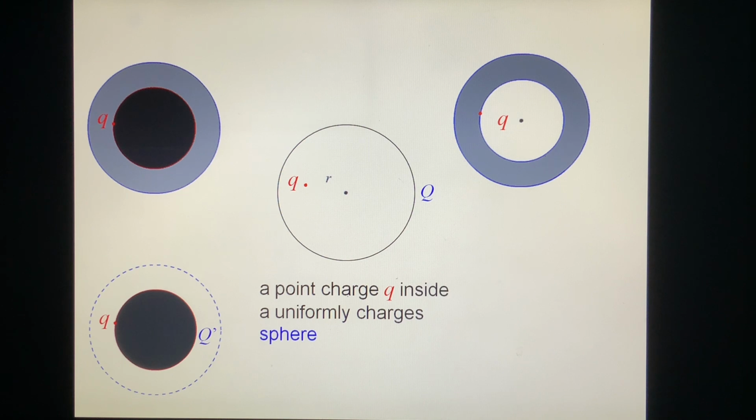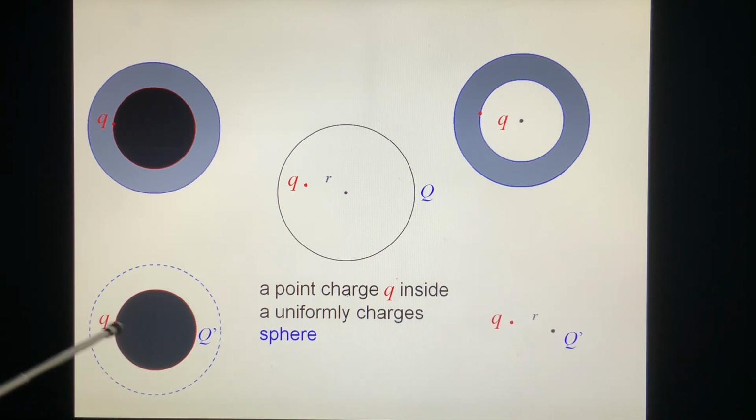We can look at this sphere as composed of a nest of shells with different radii, and this q is outside all these shells. Then, according to our theorem, each shell can be treated as a point at the center, and then this becomes two points.